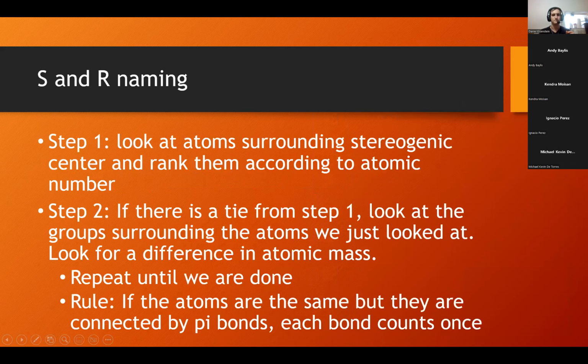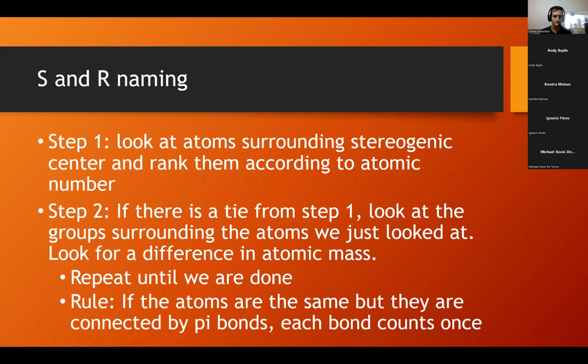Okay. This is probably the most important thing from this chapter. When you're naming R and S, the very first thing that you look at are the atoms that immediately surround the chiral center. And remember, whenever you're doing S and R, it needs to be a chiral center, or else you're not going to get an answer.